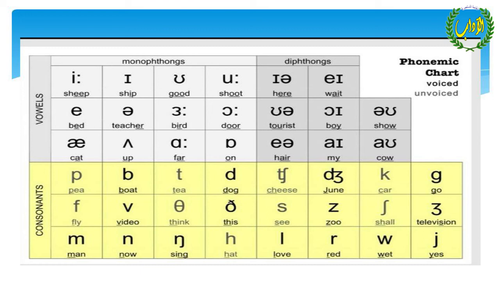If you pay attention, dear students, if there are two dots beside the sound, it means that it is long. If there are no two dots, it means that it is short. Let's start with the sound E, sheep, I, ship, O, good, U, shoot. So this is the difference here. E, bed.